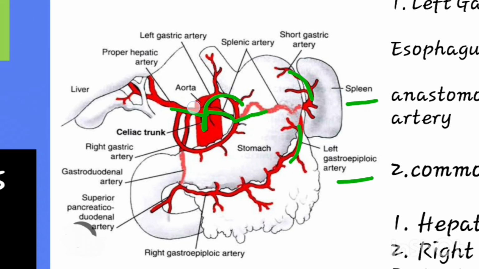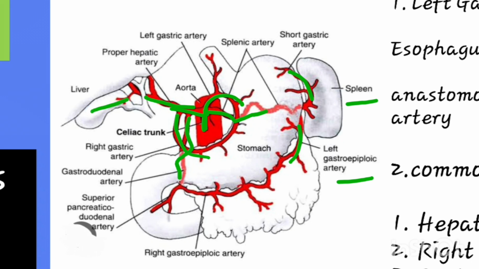The common hepatic artery is further divided into three branches: right gastric artery, gastroduodenal artery, and proper hepatic artery. The proper hepatic artery divides into right and left hepatic arteries, and the right supplies the gallbladder.